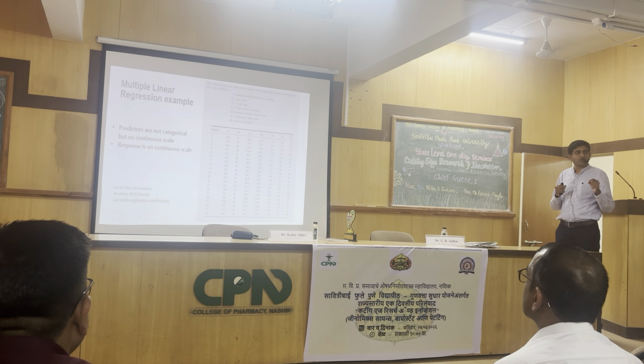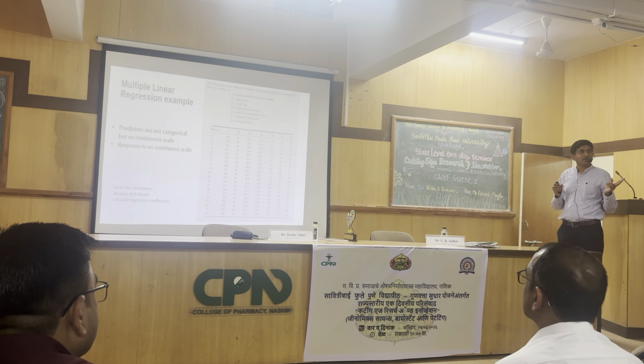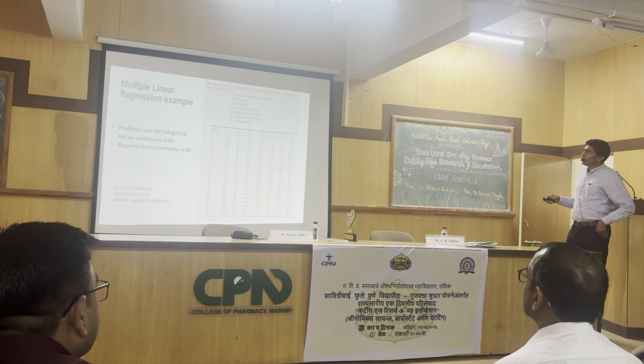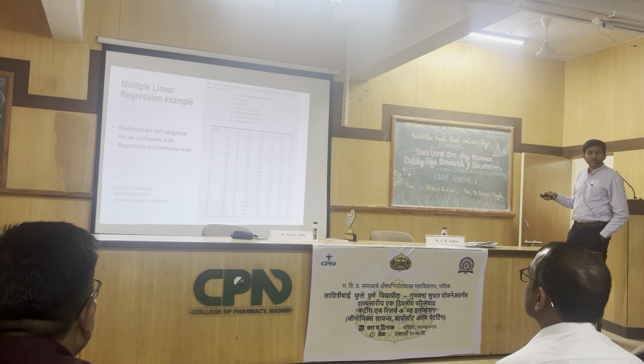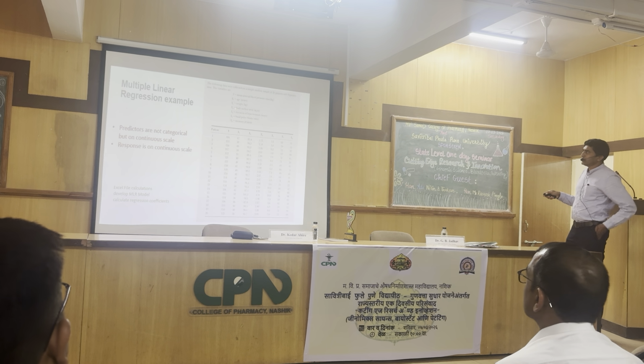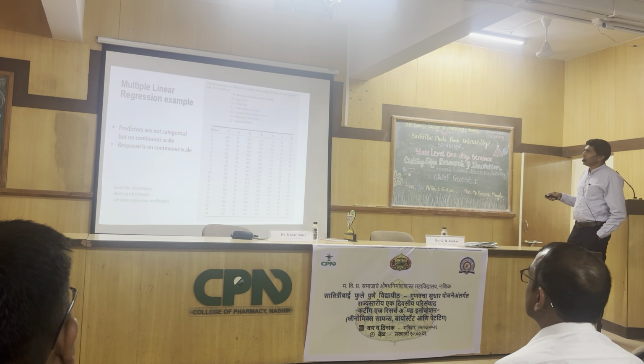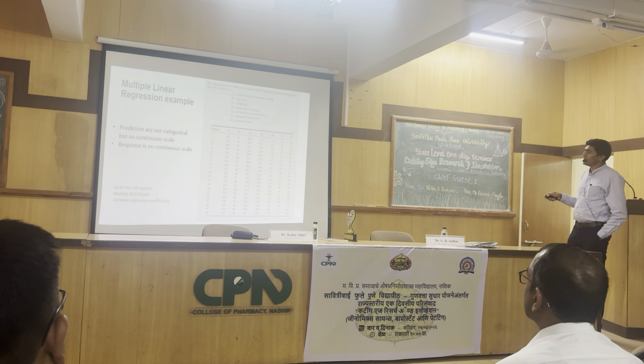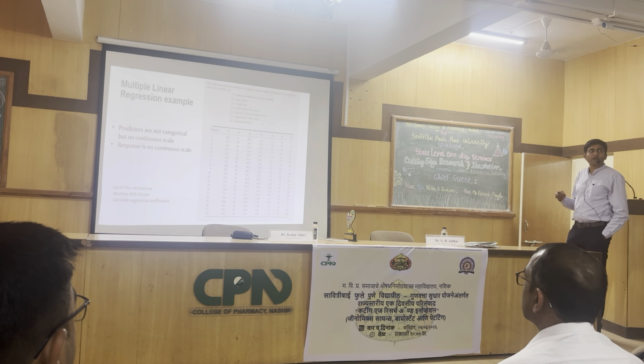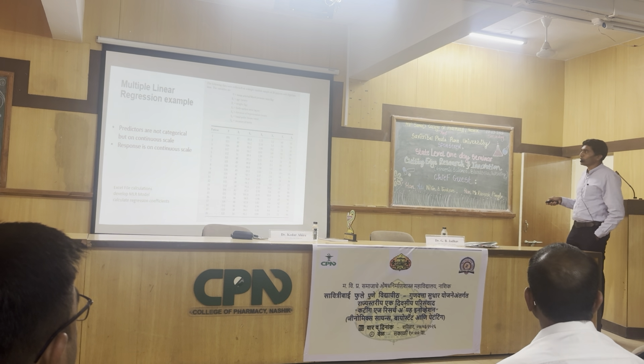So the blood pressure of 20 patients is measured, and we have to find out whether the blood pressure is dependent on age, that is the first predictor variable, then weight, body surface area, duration of hypertension, then pulse rate, and the measure of stress. So whether this arterial blood pressure is affected by any of these or not, we have to find out. Okay, so that is the prediction we are going to do.